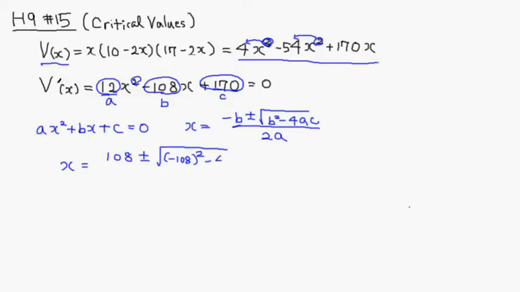Minus 4 times a, which is 12, times c, which is 170. So that's a big square root there, all over 2 times a, and a in this case is 12. So we just have to get these values, which is going to be approximately.